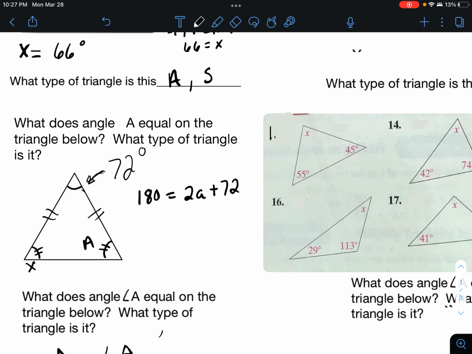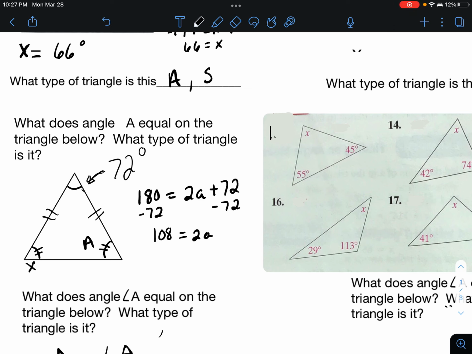Okay, we know it's isosceles. So we're going to go through the steps. We need to get rid of the 72 first. So that means whatever A equals, when you times it by 2, you're going to get 108. Because once again, all angles have to equal 180.